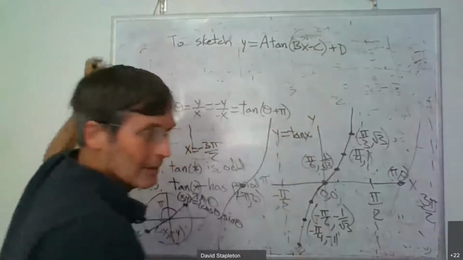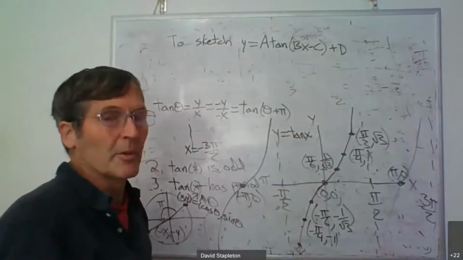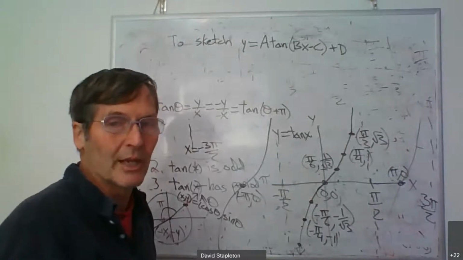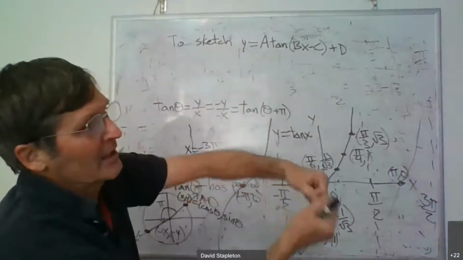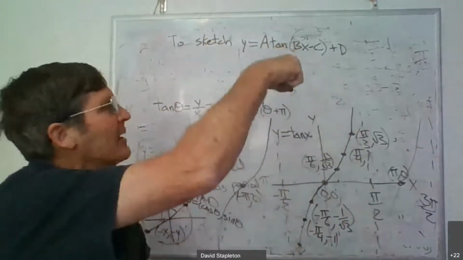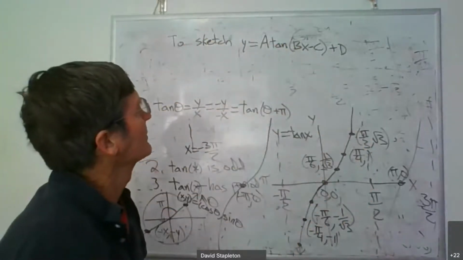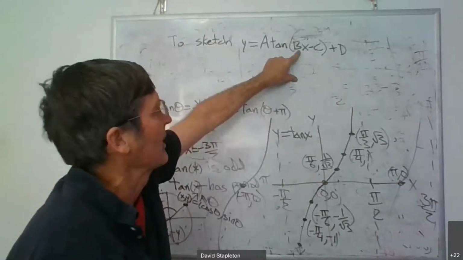What do you do? You do the same algebra principles that you did with sine and cosine. All right. A is just a vertical stretch about the x-axis. You stretch it by a factor of absolute value of A and turn it upside down if A is negative. All right. 1 over B is the horizontal stretch, just like with sine and cosine.